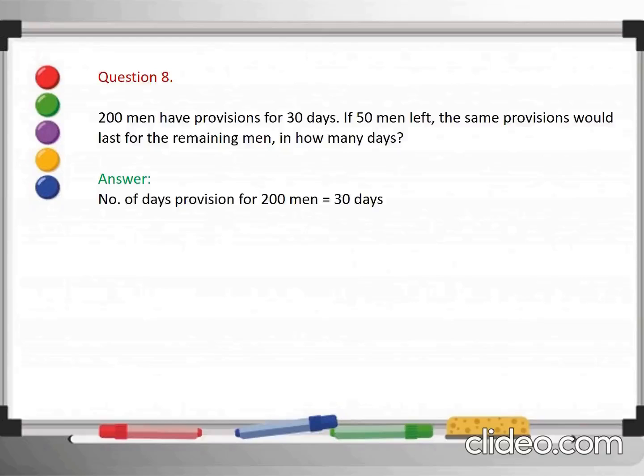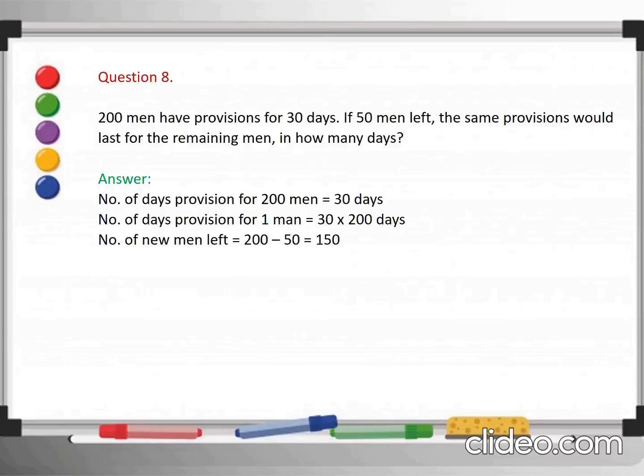Number of days provision for 1 man equals 30 into 200 days. Number of men remaining is 200 minus 50 equals 150. Since 50 men left, we are subtracting 50 from 200. Therefore, 200 minus 50 equals 150.